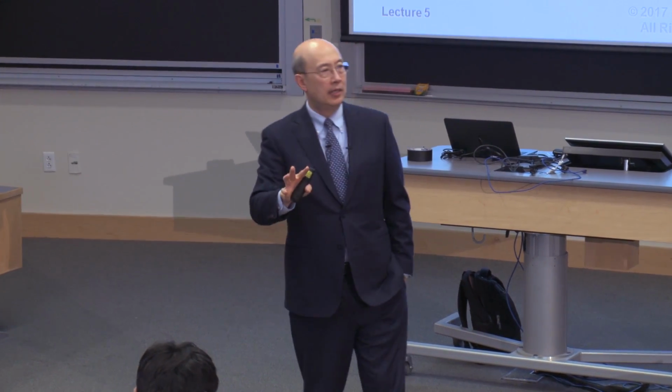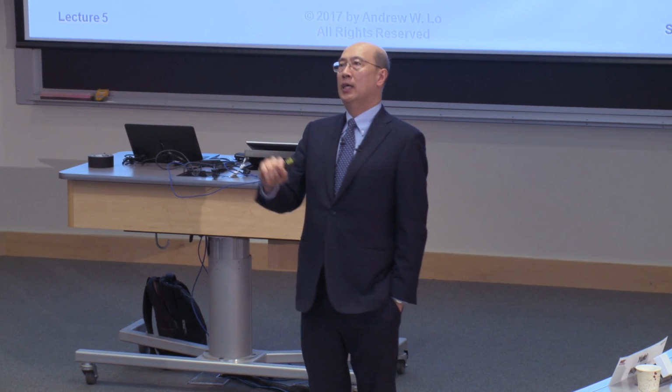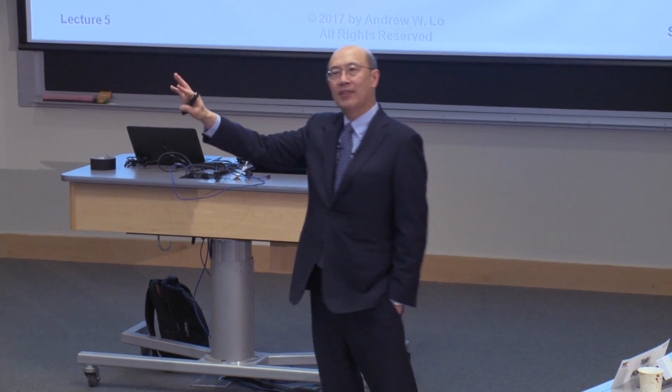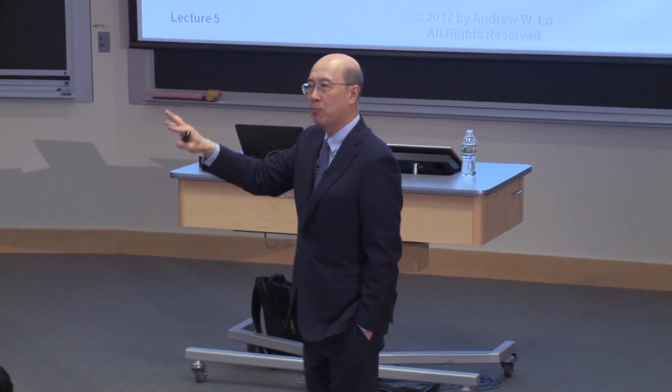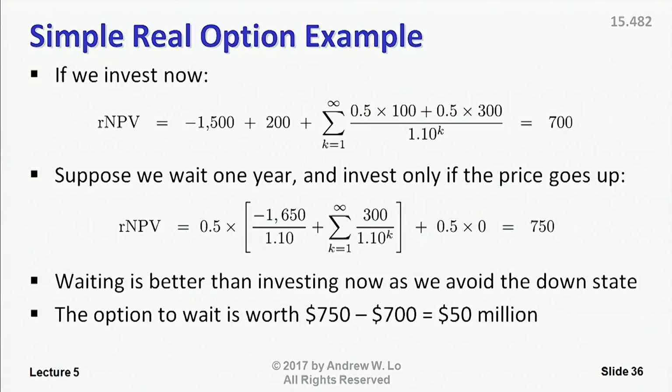However, if I wait a year, then let's see what happens. If I wait a year, then in the good case, if the legislation gives me higher pricing, I get $300 million a year in profits. Then what is the company going to be worth? Well, it's going to be worth negative $1.65 billion, the cost, plus a perpetuity of 300.